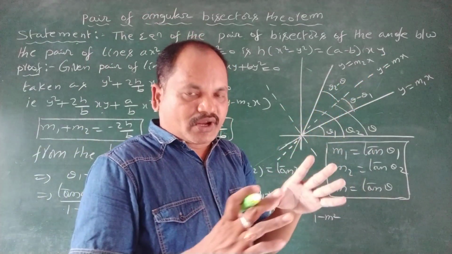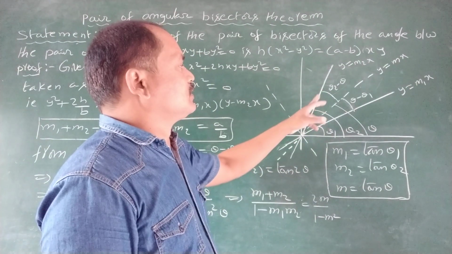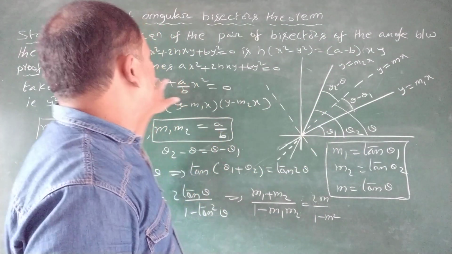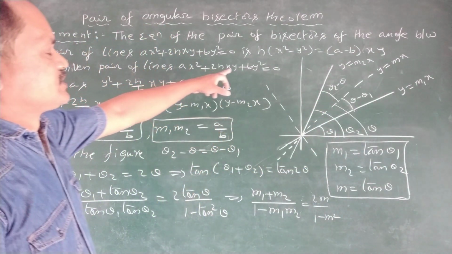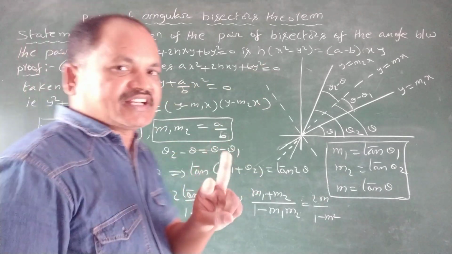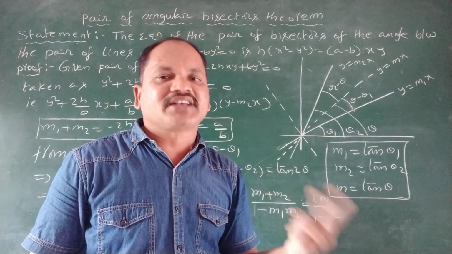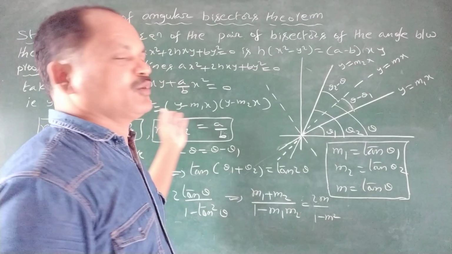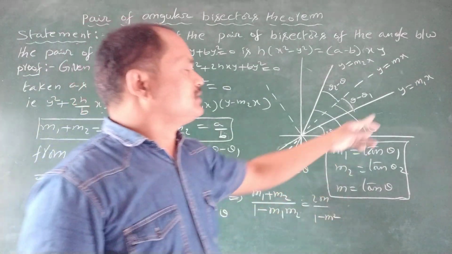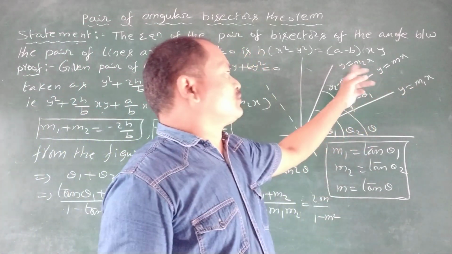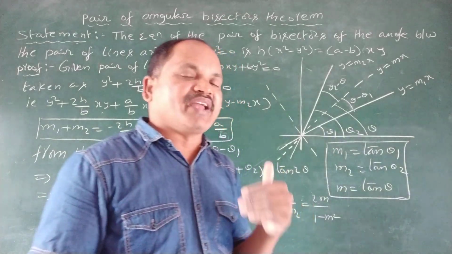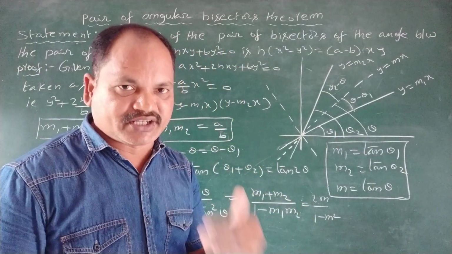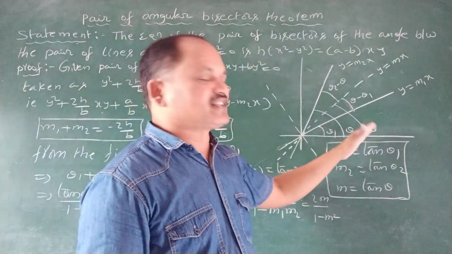Now we have to write the pair of bisectors. So observe now. The given pair of lines ax square plus 2hxy plus by square is equal to 0 represents two individual lines passing through the origin. Since this is a homogeneous equation, it passes through the origin. That's why y is equal to m1x and y is equal to m2x, two lines which make inclinations theta 1 and theta 2 with the positive x-axis respectively.